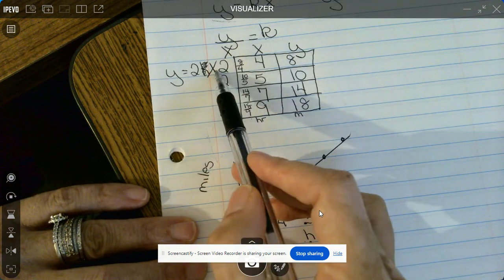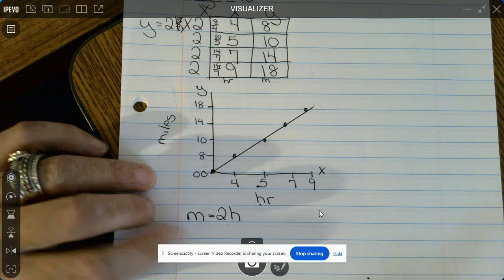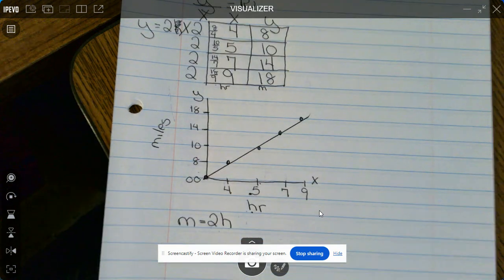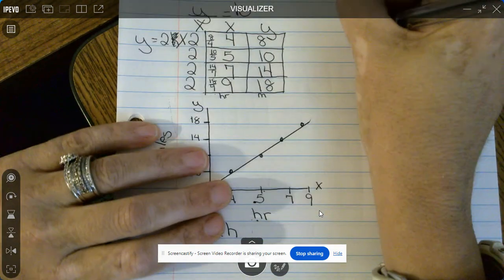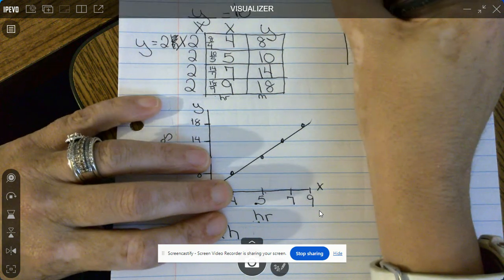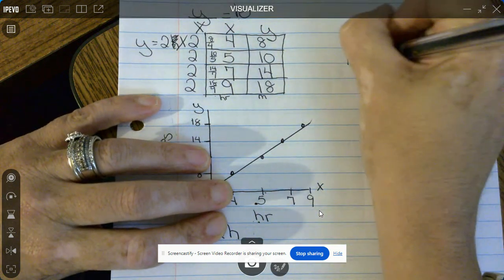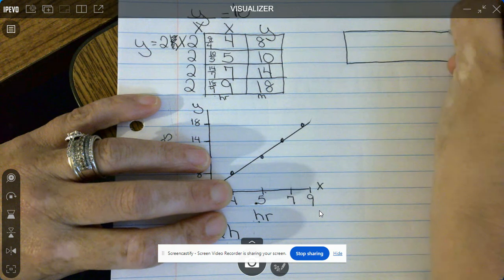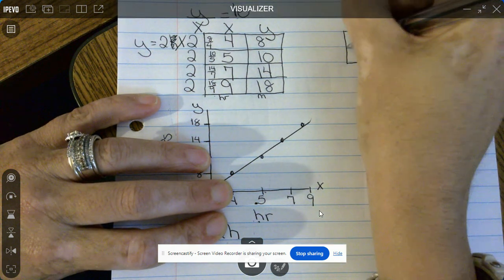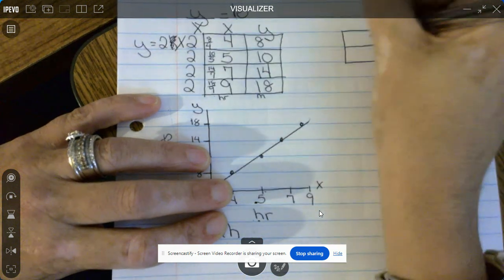Y equals 2x. All right, so now you said, hey, how do I know if something's not proportional? Well, let's take a look at not being proportional. So all I'm doing is changing up my table, because, of course, we're not always nice here.